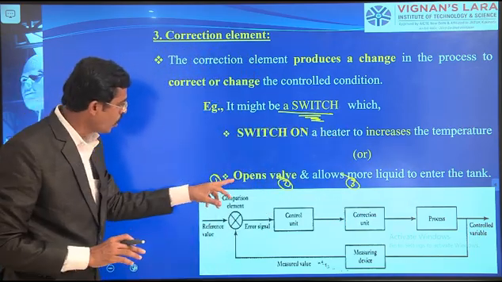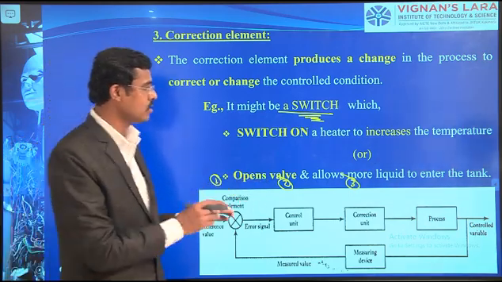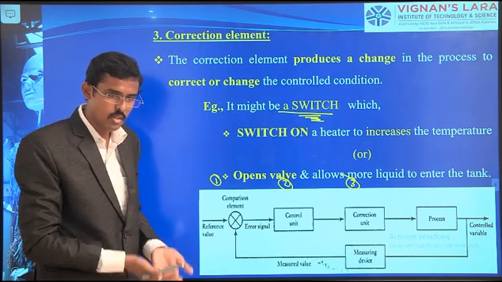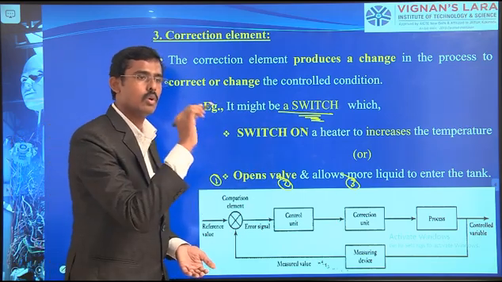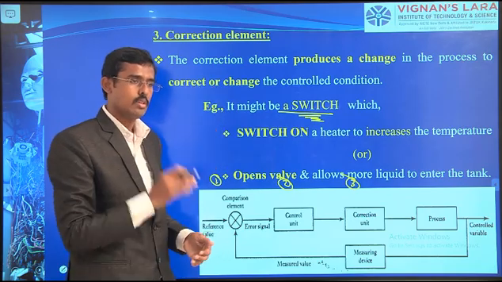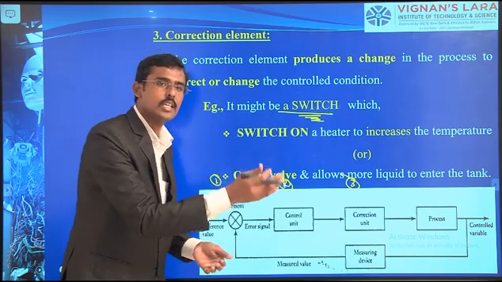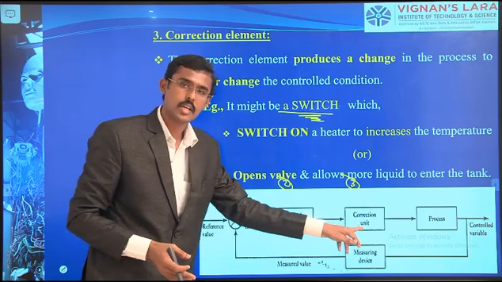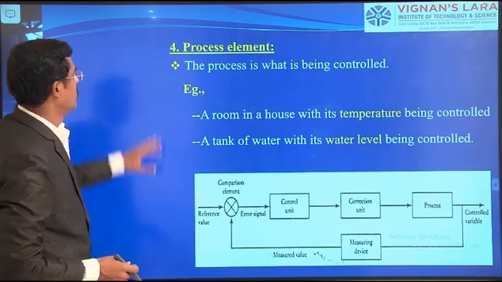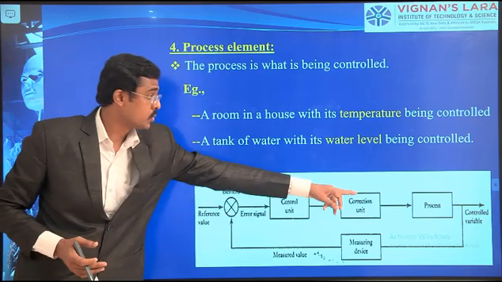Right? A switch on a heater to increase the temperature, for example. And maybe to open a valve and allow more liquid to enter the tank. If it is reduced, switching on the motor to run. If the AC temperature is reduced, switching on to increase the temperature. Right? Here the correction unit, the switch. Now, the process element, the last one.